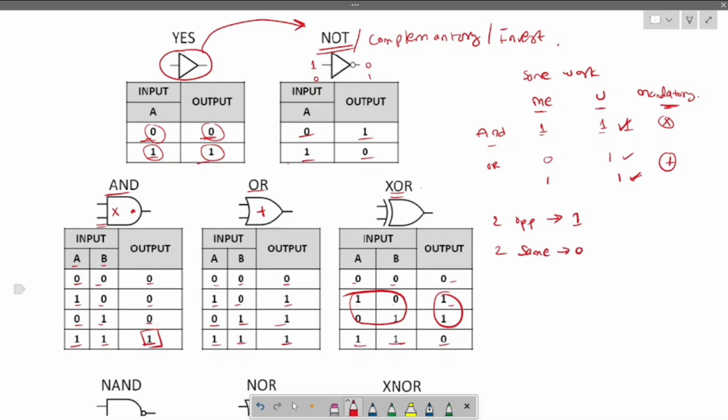Here is the symbol, and you need to remember it.